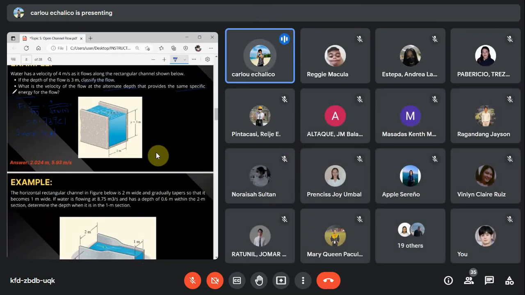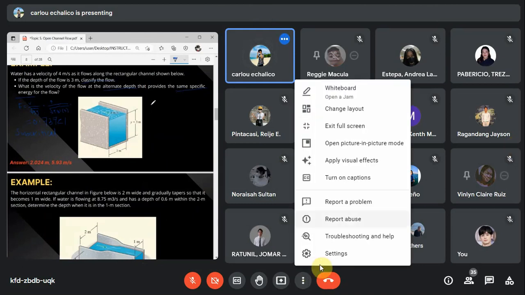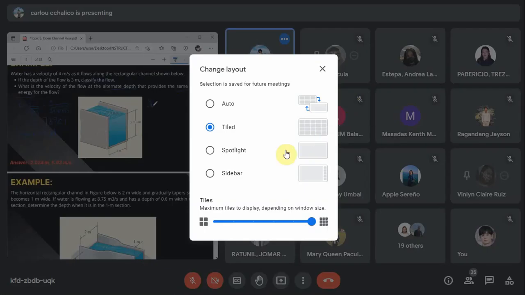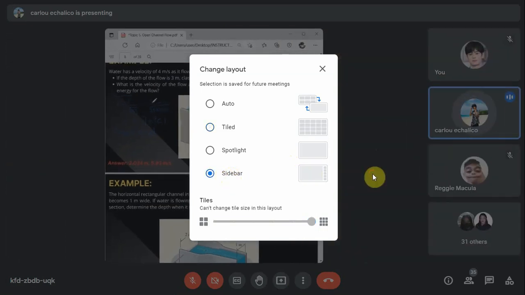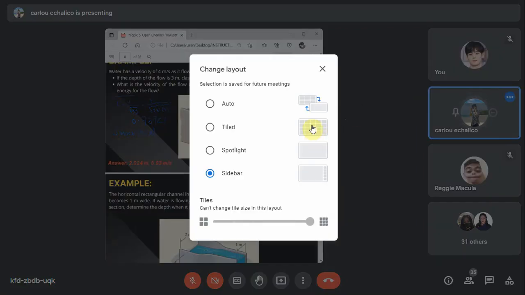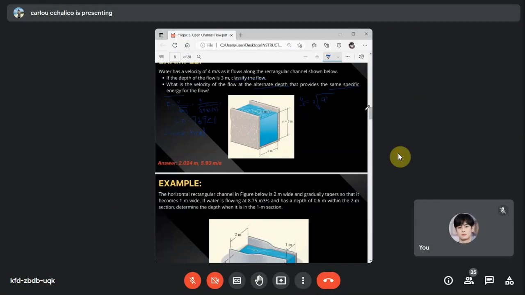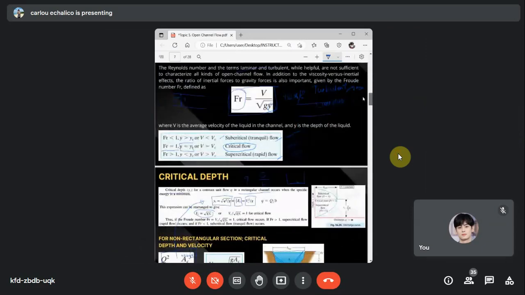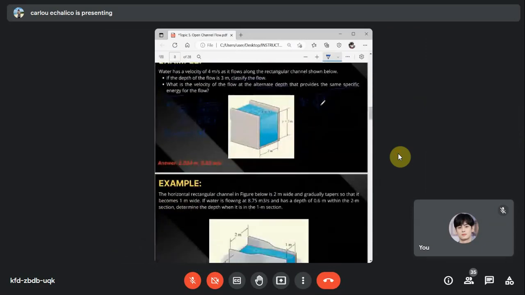So how can we use y critical here? Since the formula for y critical is the cube root of q squared over g. The q here is just q over b, squared, over the gravity.